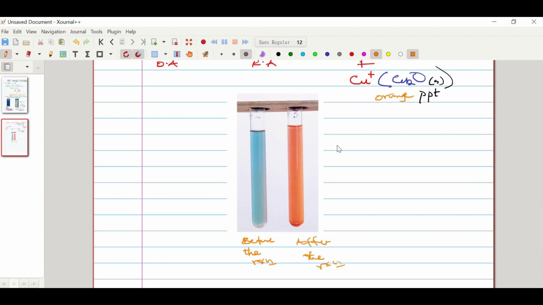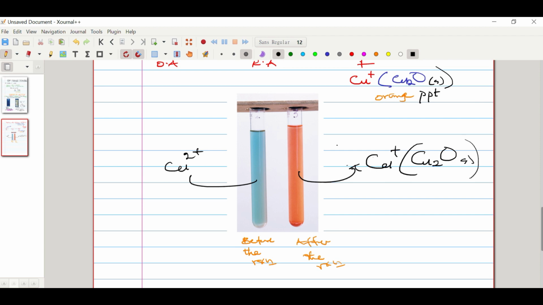So the blue color is because of Cu2+. The orange color is because of the compound of Cu+, which is Cu2O, which is solid. So this is going to be precipitate, PPT. For this reaction to happen, it has to be warm.